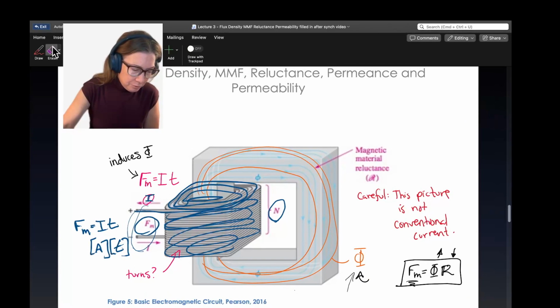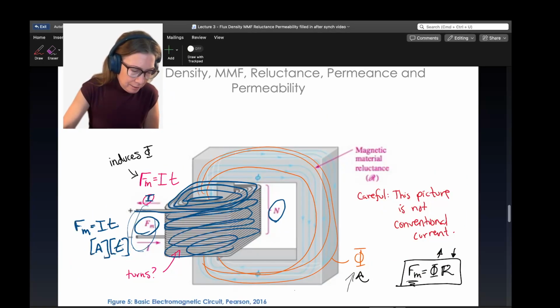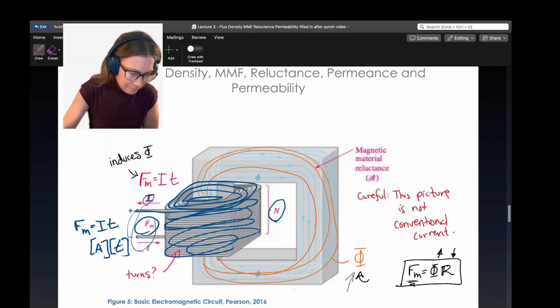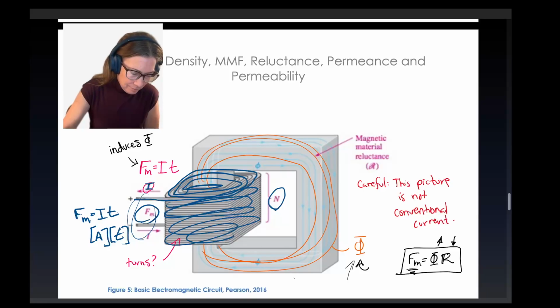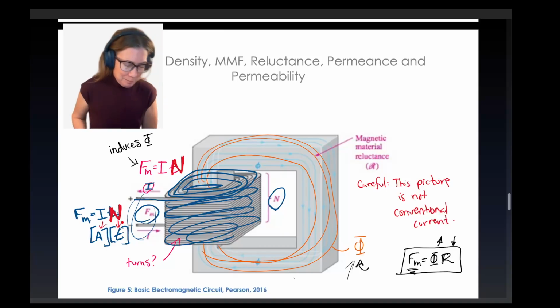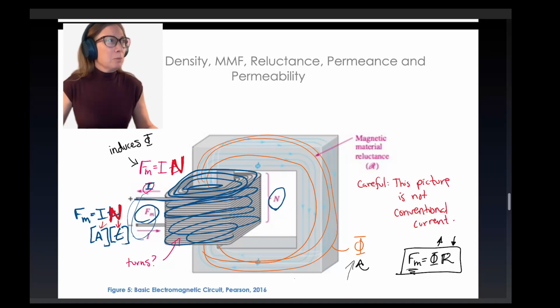It's I times n. I is measured in amps, and n is measured in turns. That's the F sub M. That's it. That's magnetomotive force. Magnetomotive force is that easy.